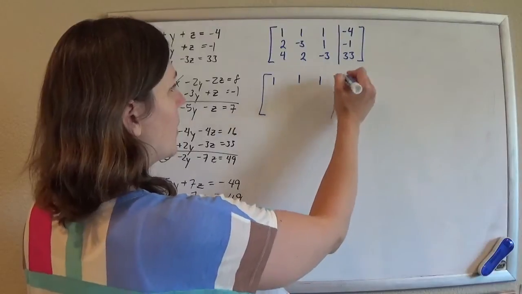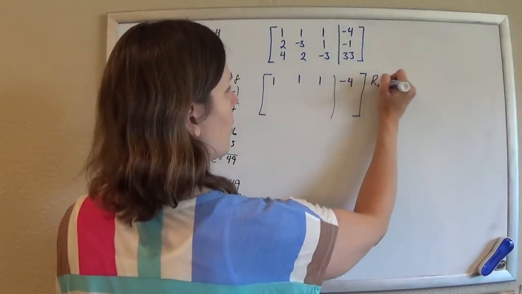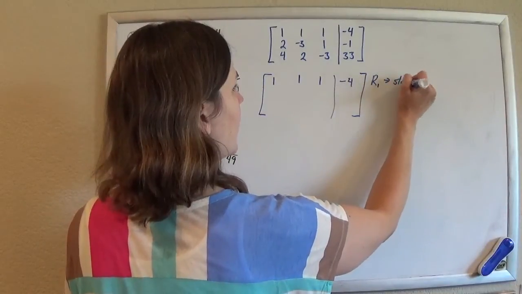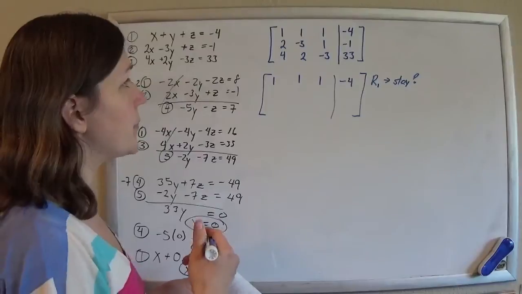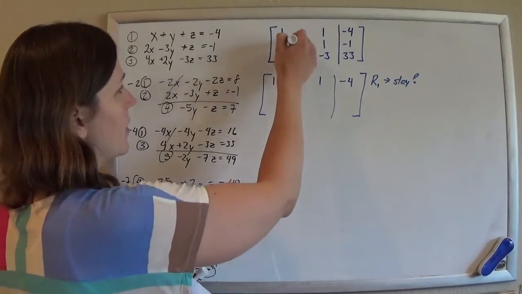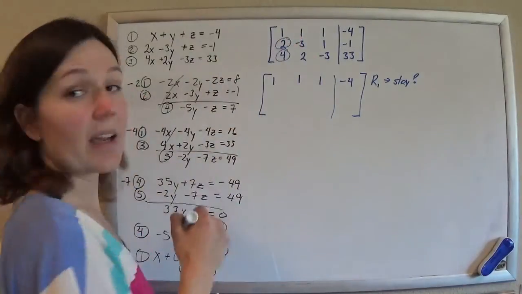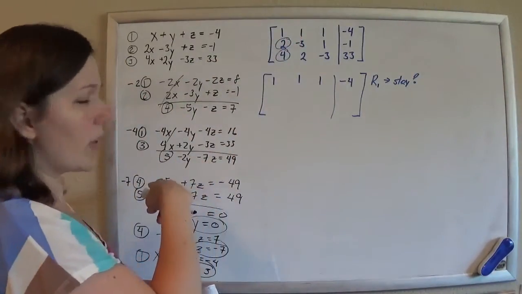So I'm going to keep the first row the same. So R1 is going to stay put. They like to have a 1 in that first spot. So my goal right now is to make this guy a 0 and that guy a 0. Basically eliminating the x's, just like I did over here.